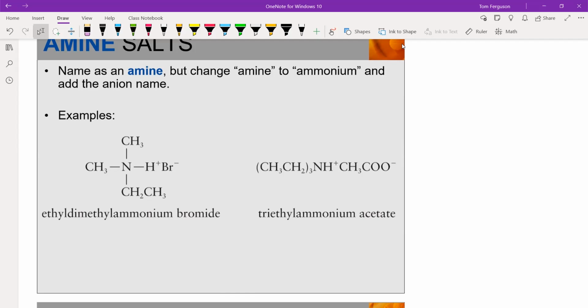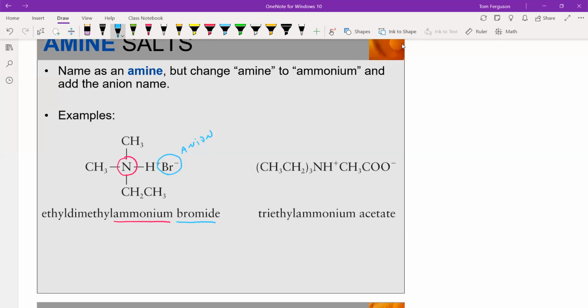Okay, so naming these ammonium salts, or amine salts. All we're doing is taking the nitrogen, which is the ammonium part, and forming the ionic name for the anion.